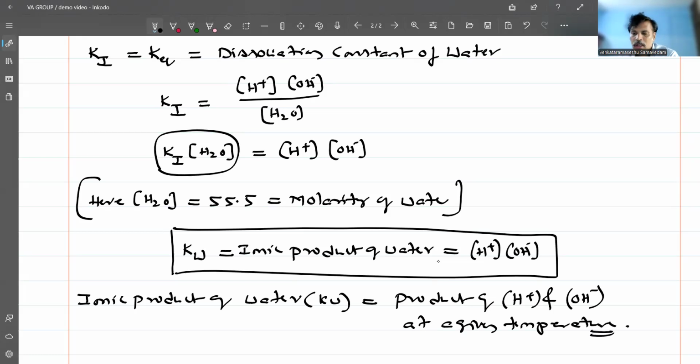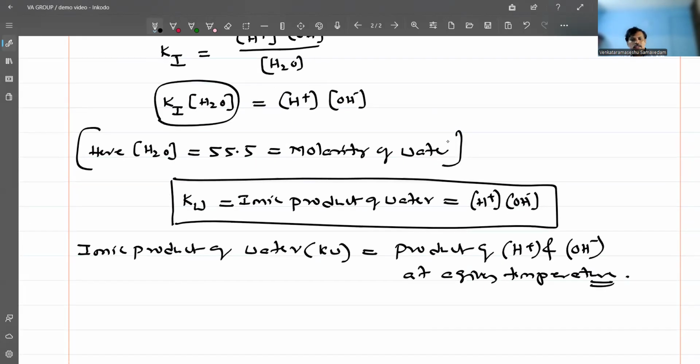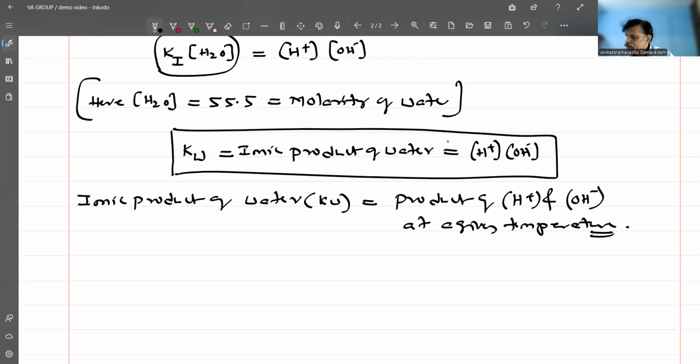This is a constant value we get at a given temperature.